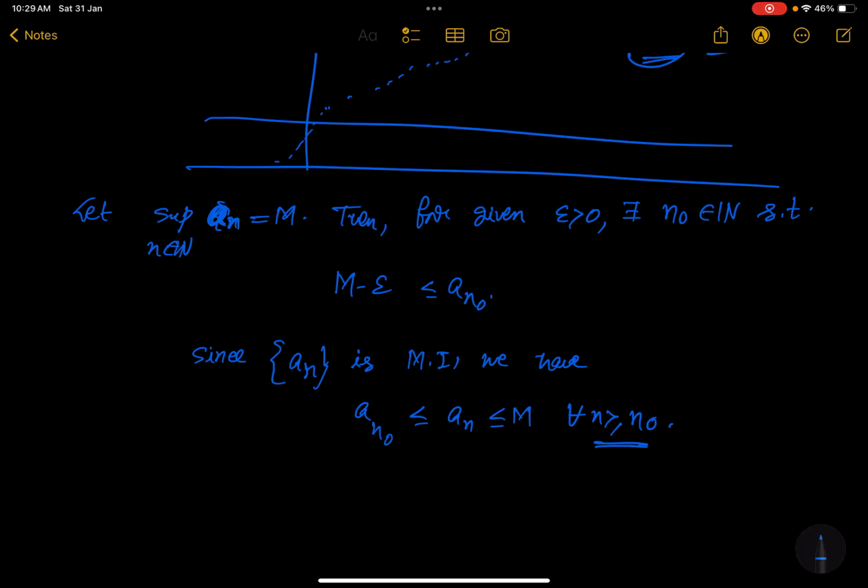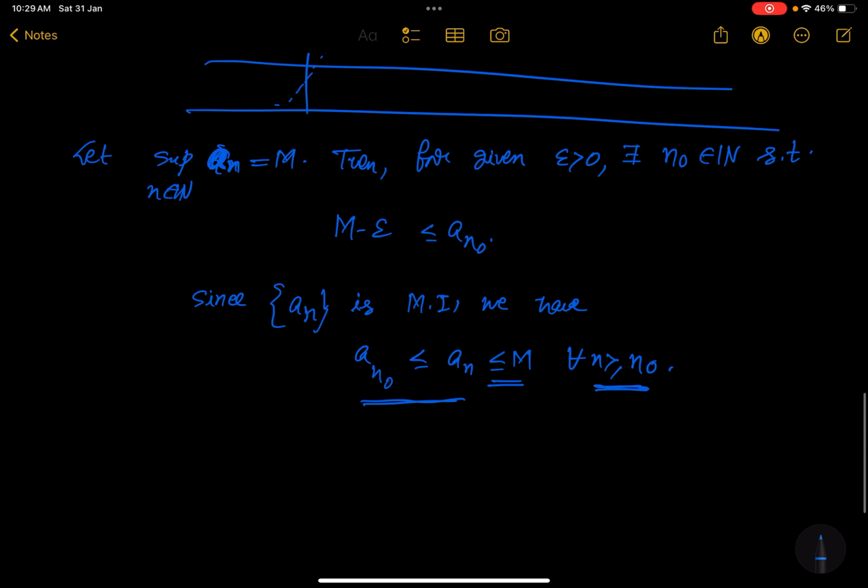Because n bigger than or equal to n_0 implies a_n bigger than or equal to a_{n_0} due to monotonic increase, and since capital M is the supremum, each a_n is less than or equal to M, in particular for all this n.